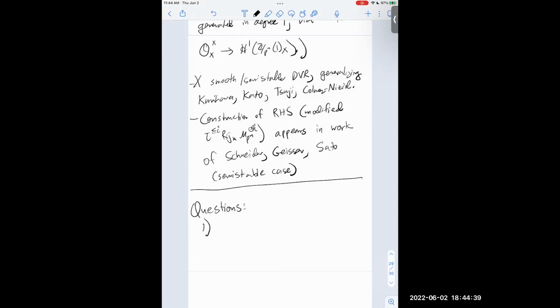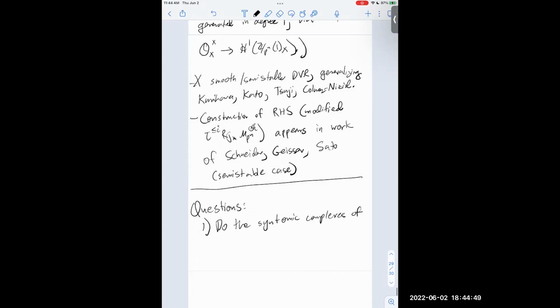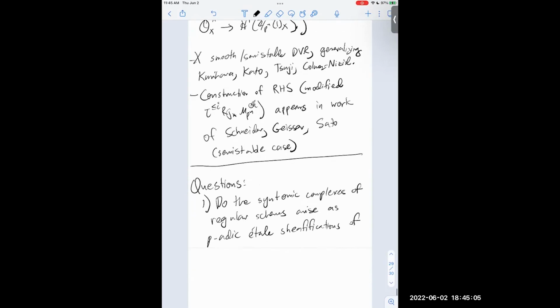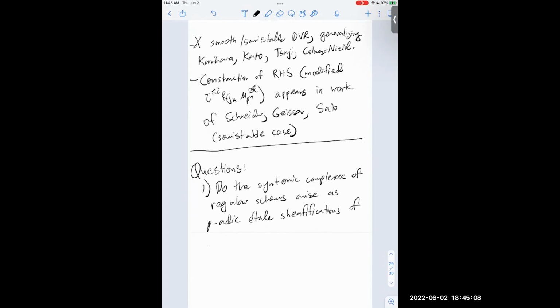well, p-adic étale sheafification. So do the synthomic complexes of regular schemes actually arise as p-adic étale sheafifications of actual motivic complexes?